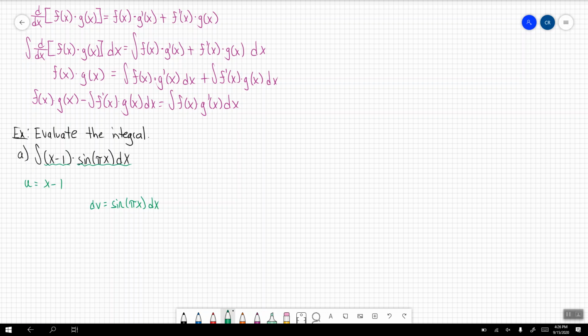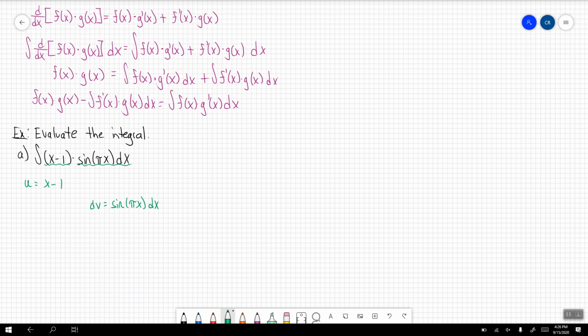If you cannot take a derivative because it's too difficult for the u value you chose, you might have chosen the wrong u value. If you cannot integrate your dv, in other words your differential, it should signify that we probably made a mistake somewhere, that we chose that value incorrectly.